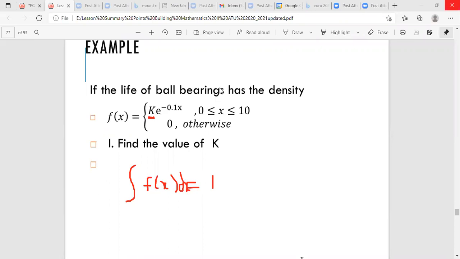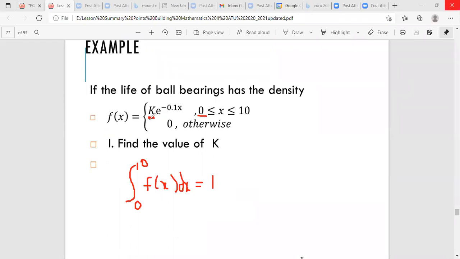And then once again, because we are summing continuously, we should be starting from a point to a point, which will be the lower and upper limits. The lower limit here will be 0, and the upper limit will be 10. Then again, what is f of x?